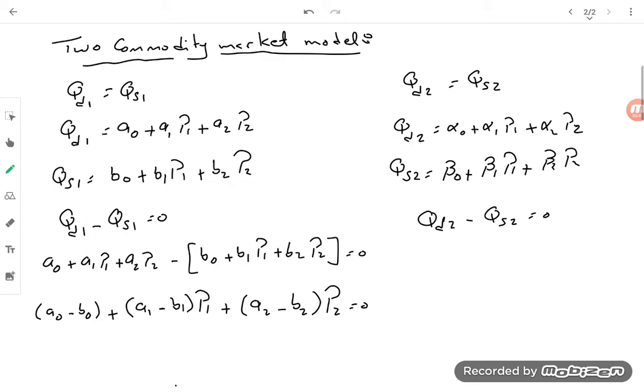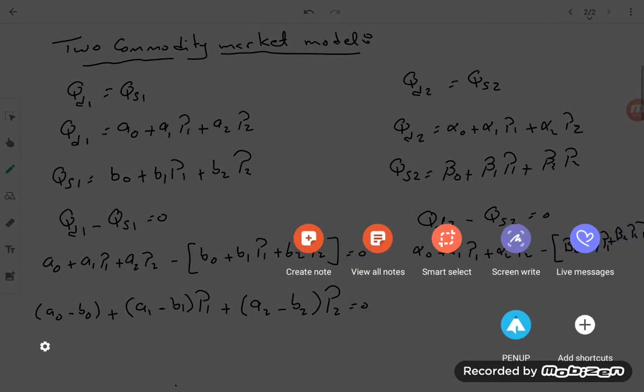And we are going to do the same for the second market. So it will be alpha node plus alpha 1 P1 plus alpha 2 P2 minus beta node plus beta 1 P1 plus beta 2 P2 equals 0.